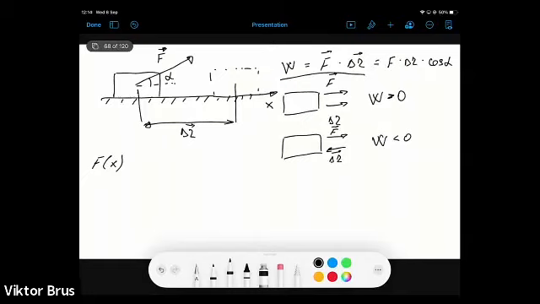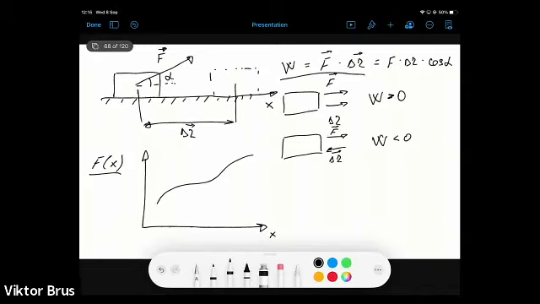Let us consider such a plot. This will be x, and here will be our force as a function of x. So we will have some dependence of force on position.